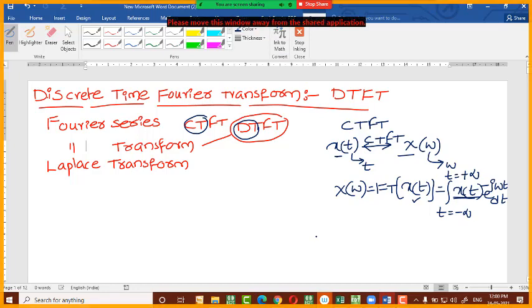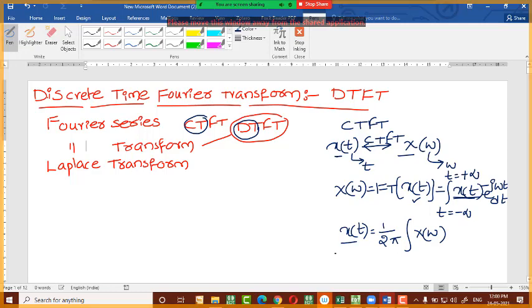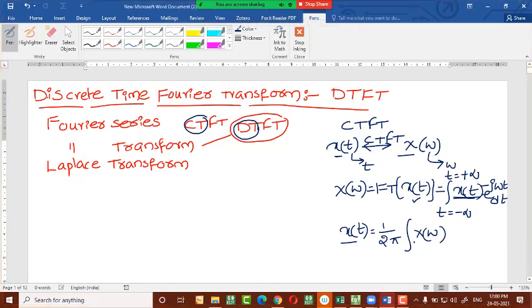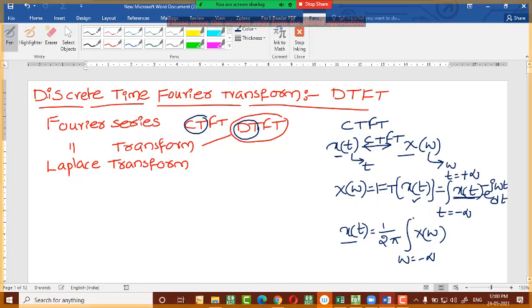And the inverse Fourier transform formula will also be there. That is getting the time domain signal from the frequency domain signal. So you have x of omega, you need to get x of t. So x of t is equal to 1 by 2 pi, integral of x of omega, where omega is changing from minus infinity to plus infinity, e power j omega t d omega.